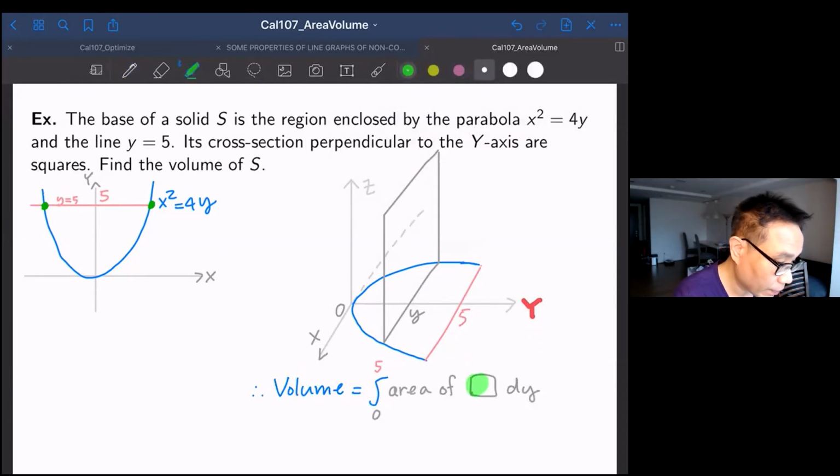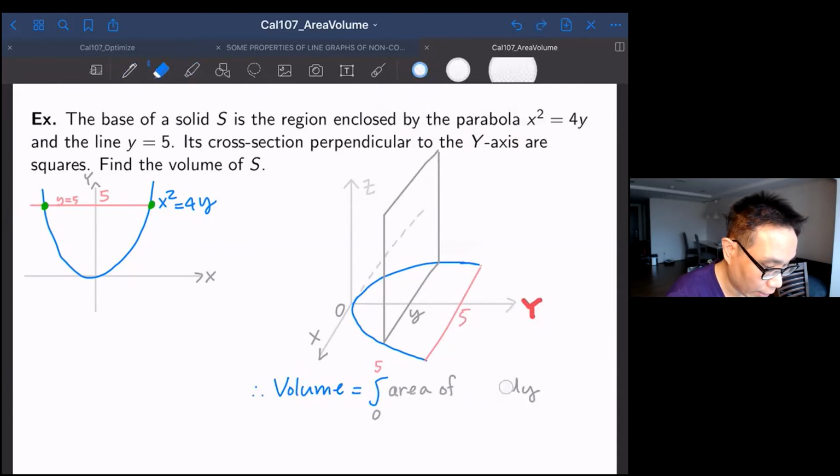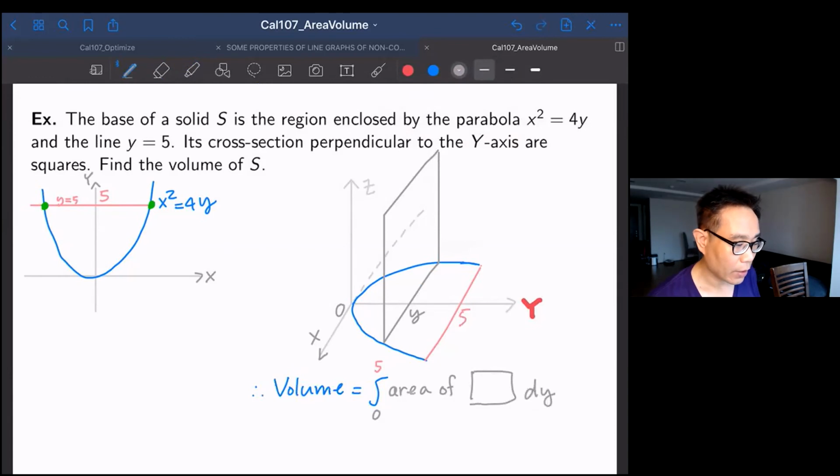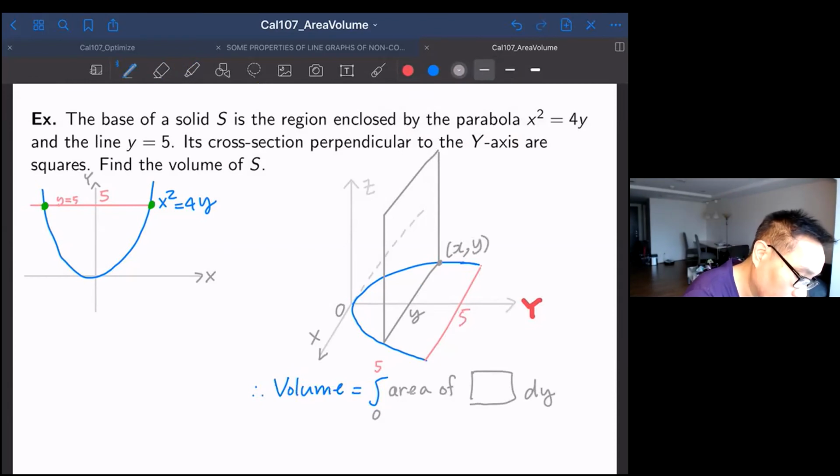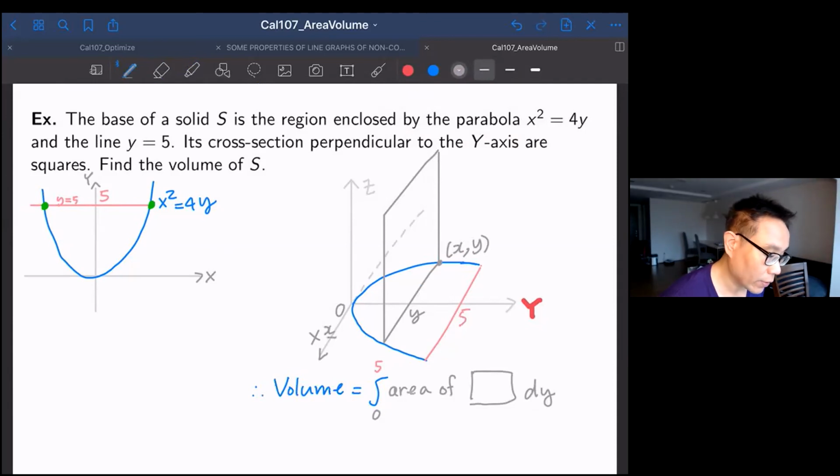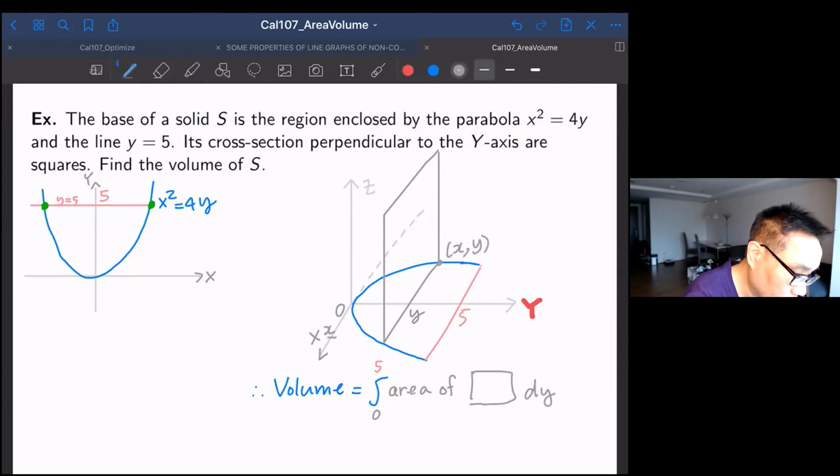Let me enlarge this a little bit. So it's going to be the area of the square, so it's going to be this square and dy. You need to know that this one will be the point x, y, and your x is here, and on the other side it must be negative x.